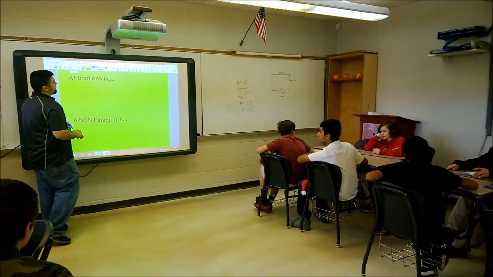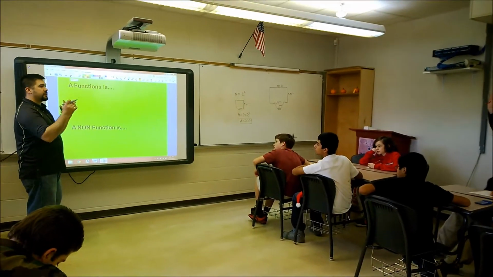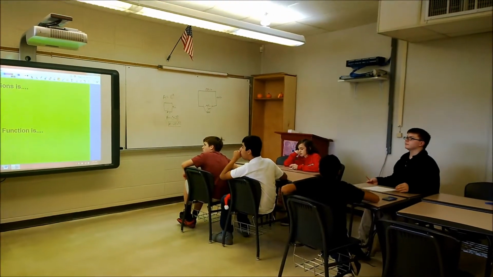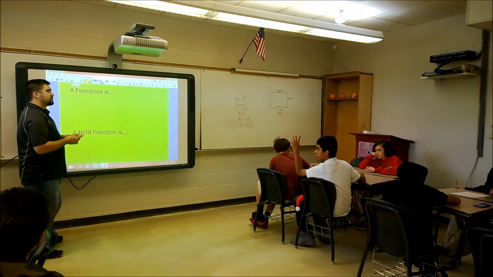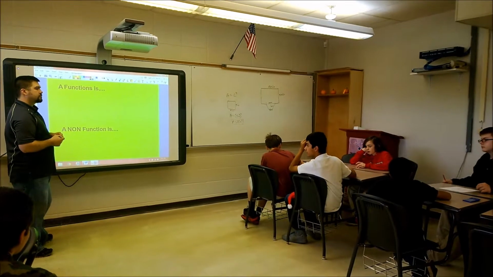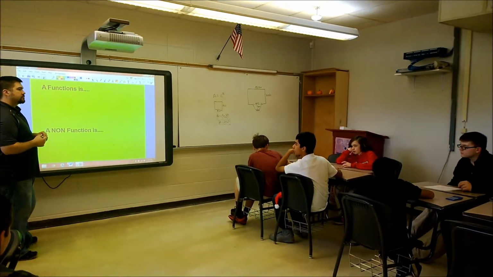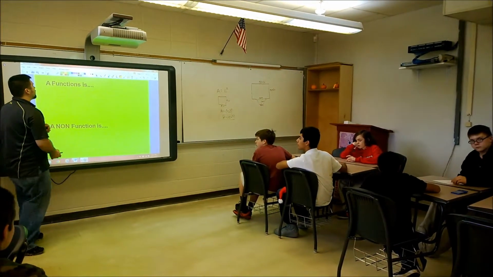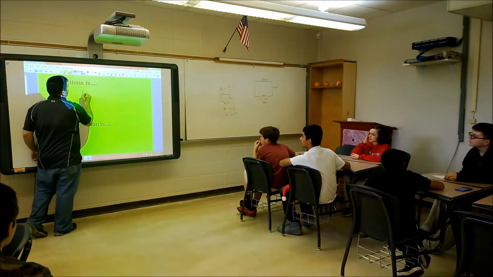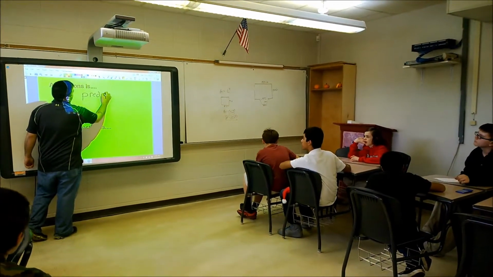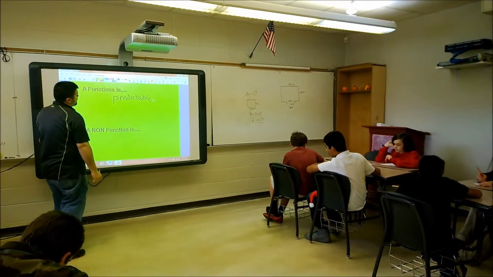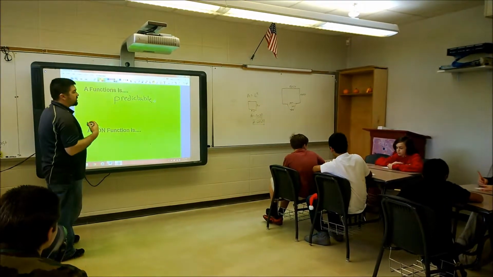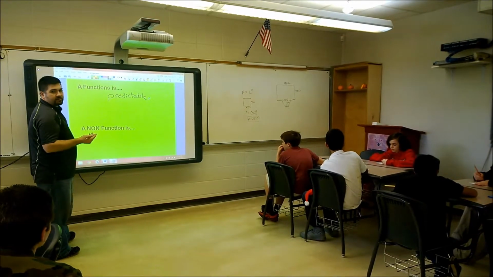So a function is what? It can be the same. Okay. Can we use another word for that? One thing that happens to one number has to happen to the other one, and it's predictable. Okay, I like that. Predictable. So we need to say that a function is predictable. So something that's not a function is what?